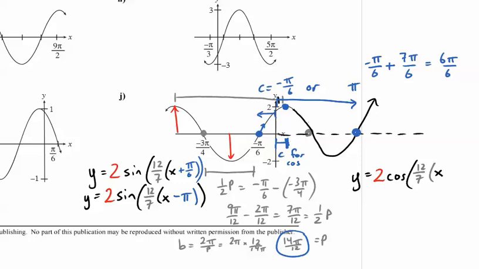So I can see from these 4 dots here that if I start here, the maximum is 1/4 of the way through the wave. So I can just take my starting point and add 1/4 of the period. And the period is 7 pi over 6. And that should get me to my maximum point.